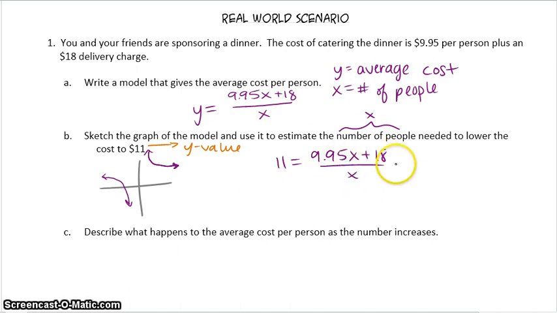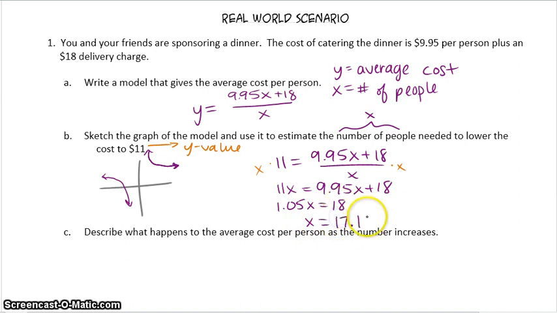We multiply both sides by x to cancel out the x in our denominator. So we should get 11x equals 9.95x plus 18. We subtract over 9.95 and we get 1.05x equals 18. So divide both sides. We should get x as 17.14, roughly.